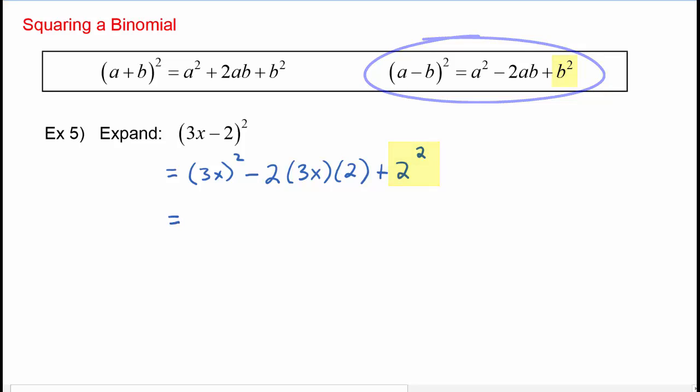Now simplifying, we get 9x squared minus 12x plus 4.